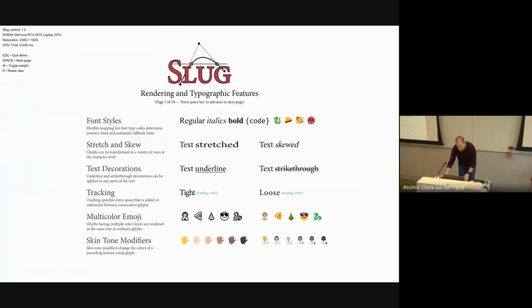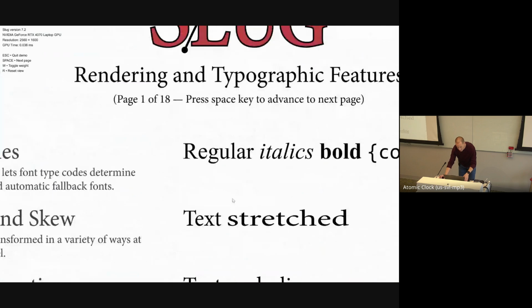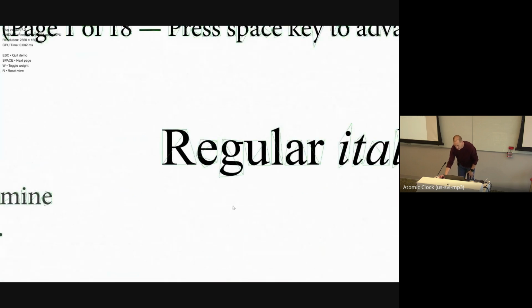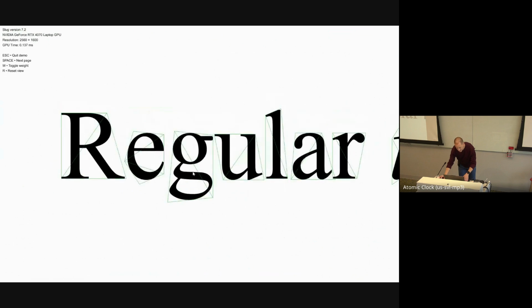This is what it can do. This renders glyphs by sending a small number of triangles to the GPU. You can see the green outlines here. There's a small polygon, between 3 and 6 triangles, for each glyph, and then a pixel shader is being run inside those triangles that actually determines what the coverage is.